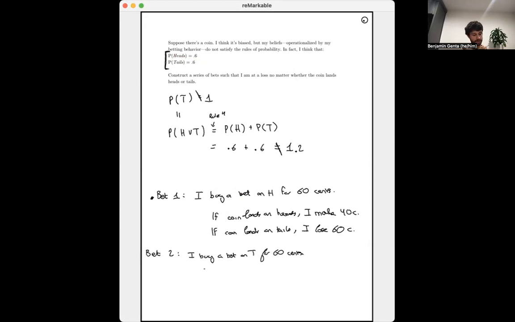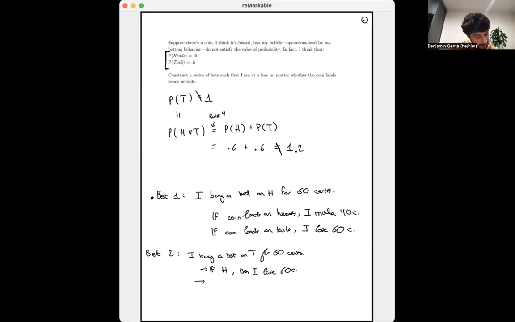So what happens, right? If the coin lands on heads, then this time I lose 60 cents, because I bet on tails happening, but heads comes up. So I bought the bet for 60 cents and I just lose the 60 cents.